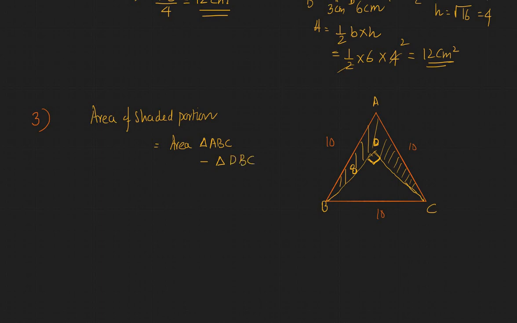Now we know that the area of triangle ABC, it's an equilateral triangle, so this is root 3 by 2 into 10 squared, minus, we know the triangle DBC is a right angle triangle, so this would be half base, which is this, into the height, which is this quantity.